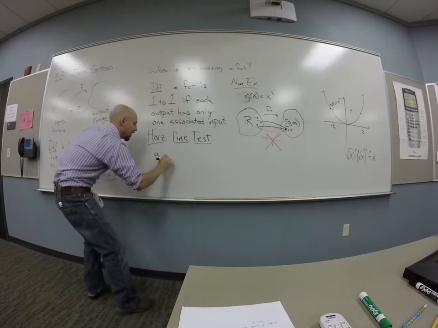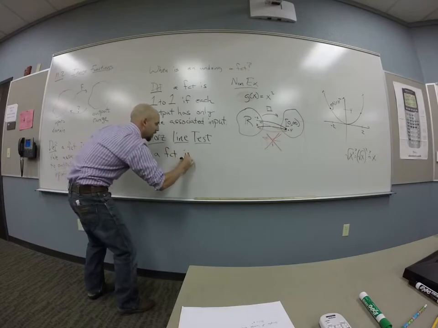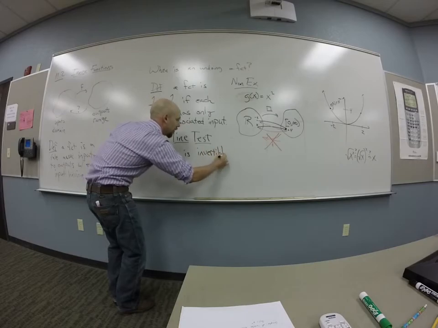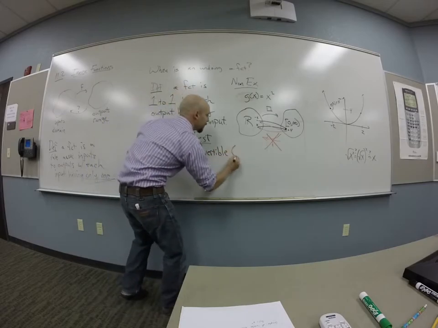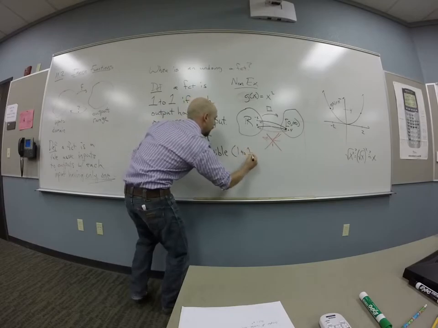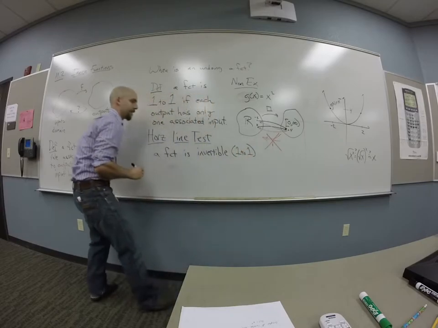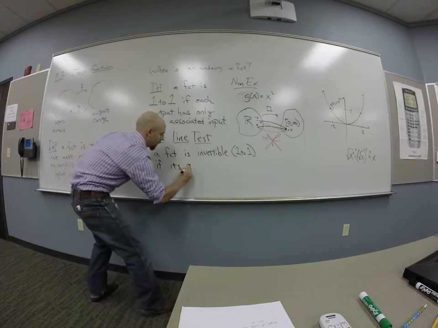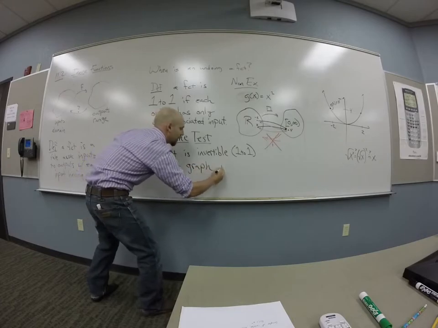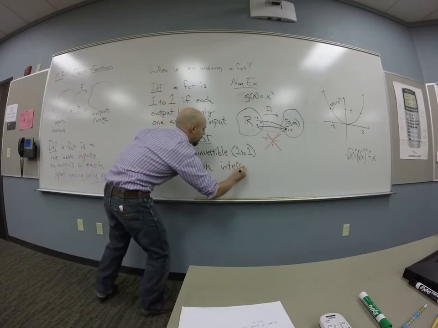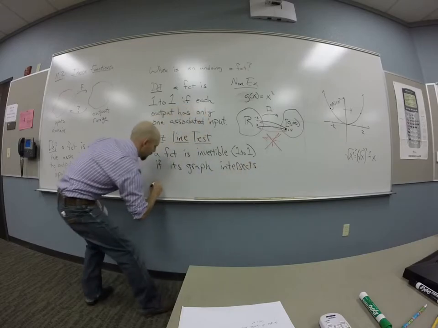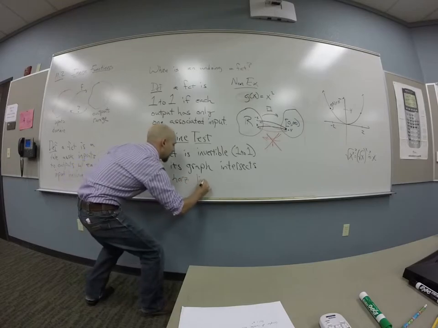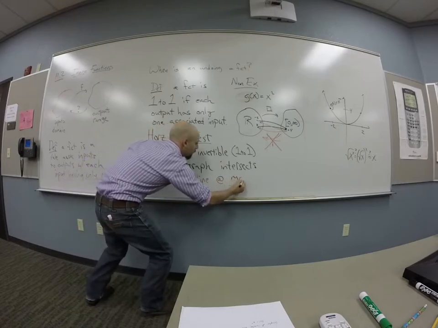So, a function is invertible, which is really the same thing as one-to-one, if its graph intersects any horizontal line at most once.